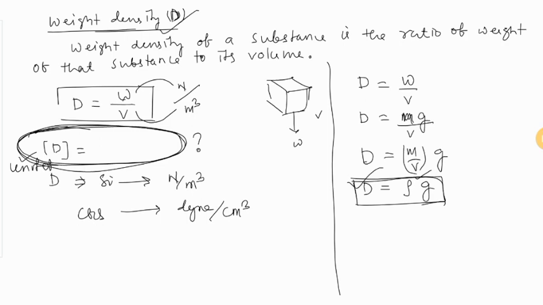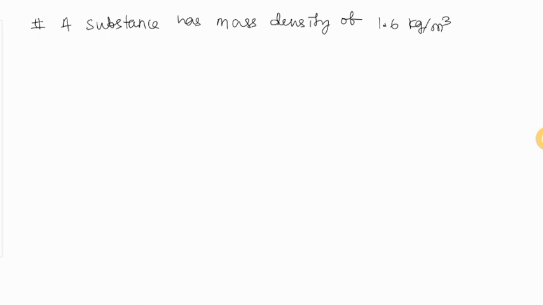Let's see a question. The question is, a substance has mass density of 1.6 kg per meter cube. What is its weight density?